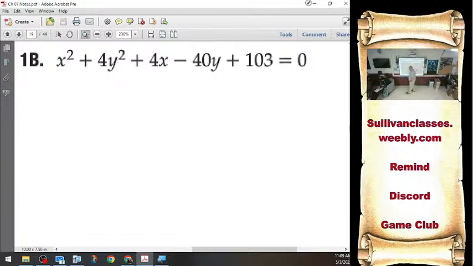In fact, if we have that where the denominators are the same on both, we'll talk about that tomorrow, that's a circle.